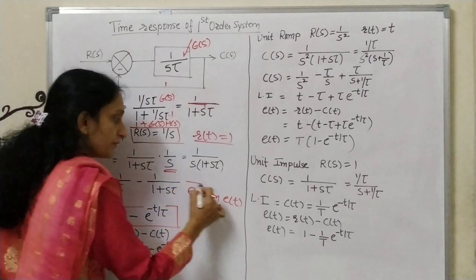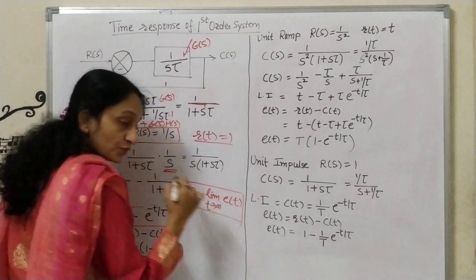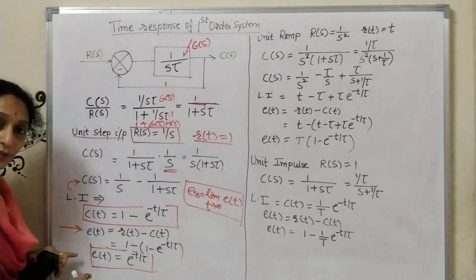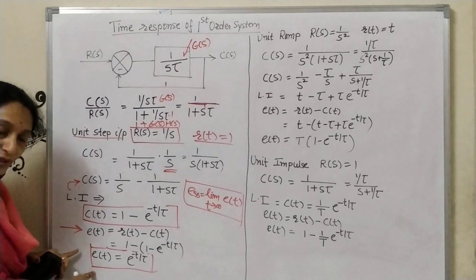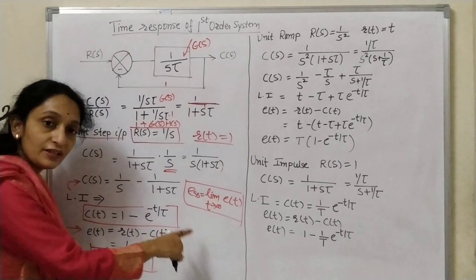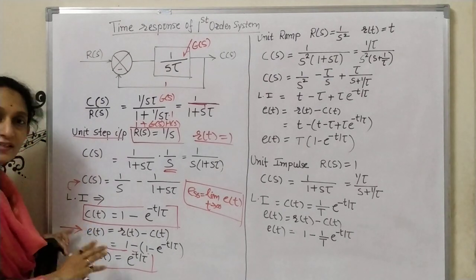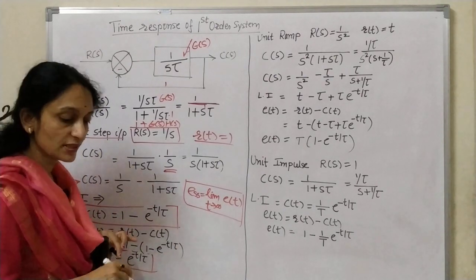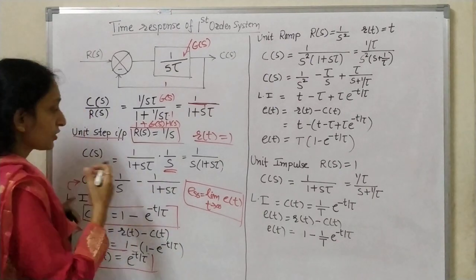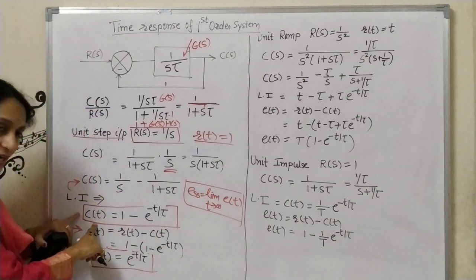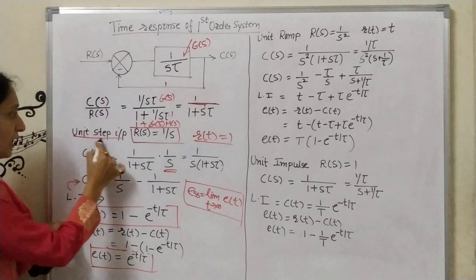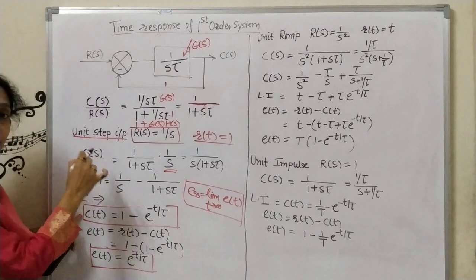Okay. See, this we will see in second part of this unit. You can calculate steady state error also from e of t by taking limit t tends to infinity. But look at this now. First we have calculated this output response when we are substituting unit step input.